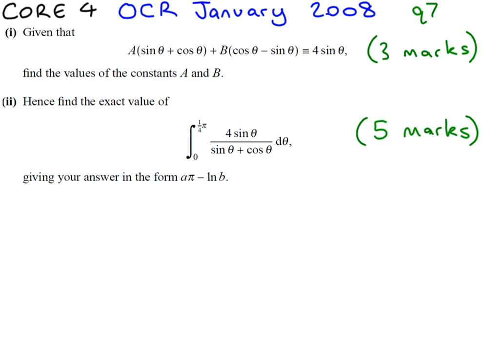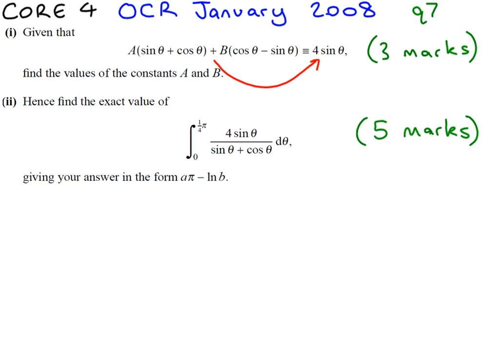The first part says that A(sin theta + cos theta) + B(cos theta - sin theta) is always the same as, that's what these three equal signs mean, 4 sin theta. So let's have a go at simplifying the left-hand side.